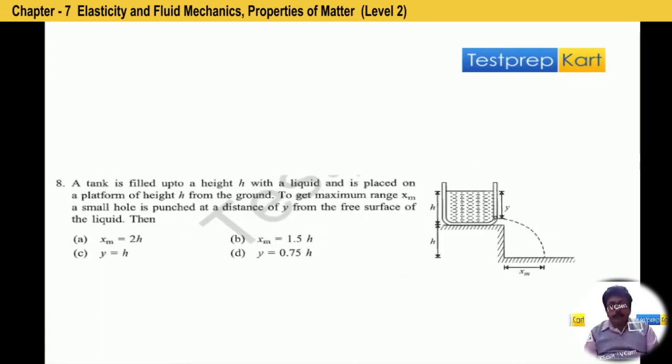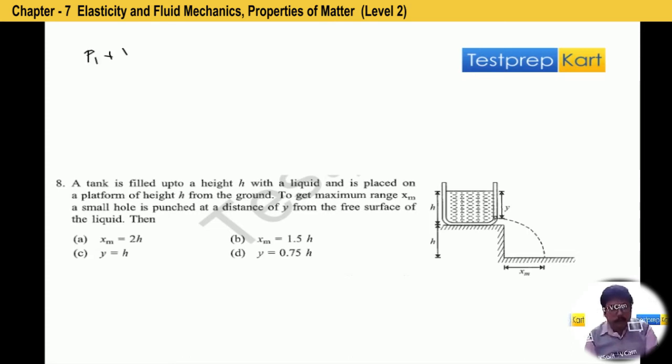Now, a tank is filled up to a height of h with a liquid. It is placed on a platform of height h from the ground. To get maximum range xm, a small hole is punched at a distance of y from the free surface of the liquid.